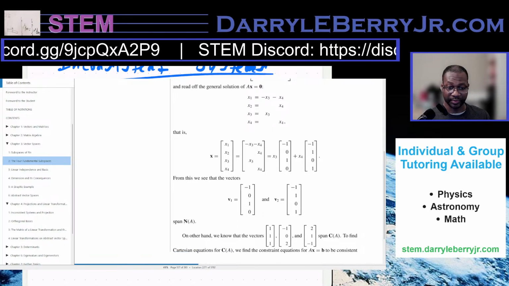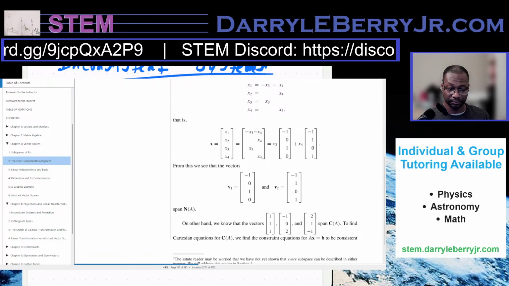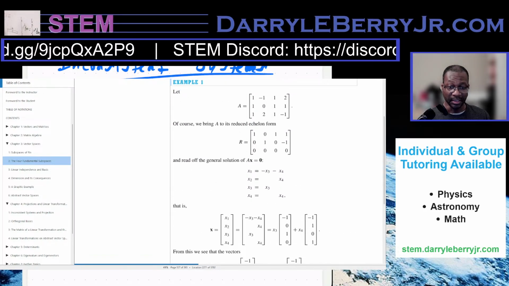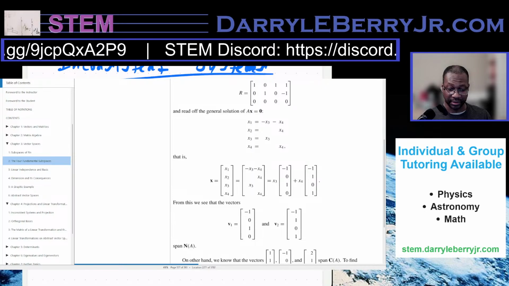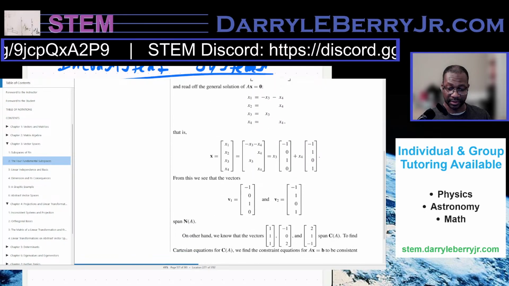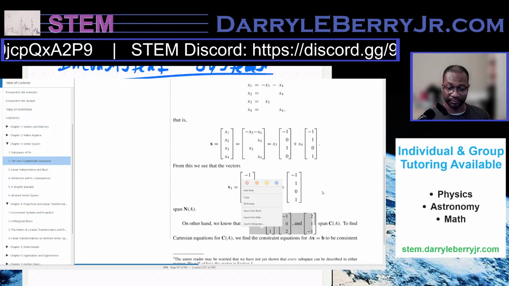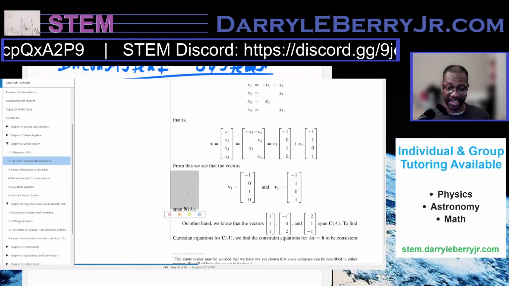And this is the example we did earlier. So you have to solve for 0 to get the null space. But the vectors themselves, he only mentions 3 because 2 of them repeat, span the column space.